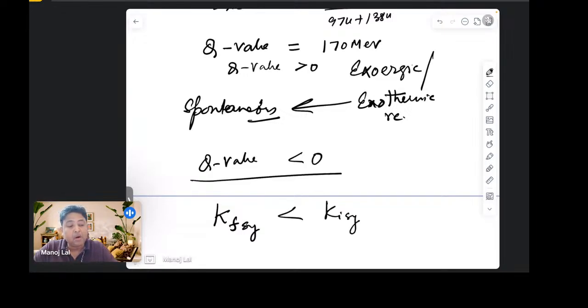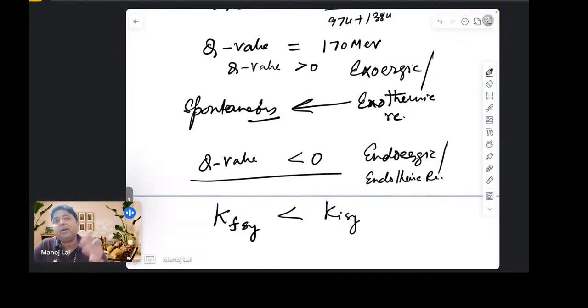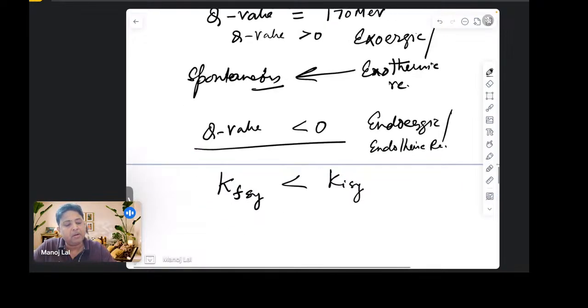Then this reaction is known as endoergic or endothermic, and you have to supply energy to make this reaction possible. The very common big example is fusion.